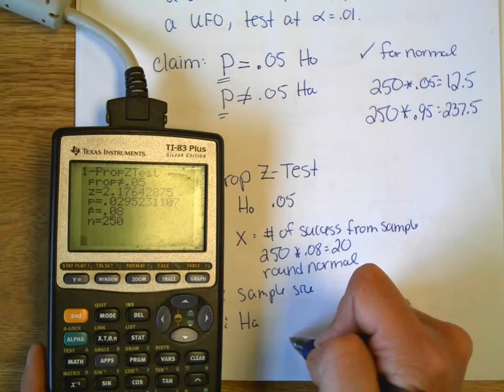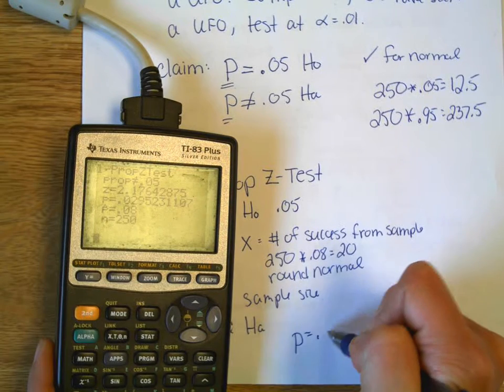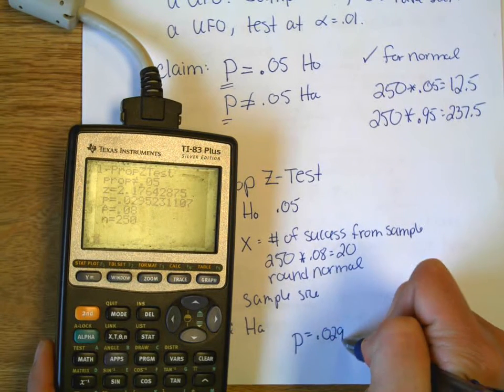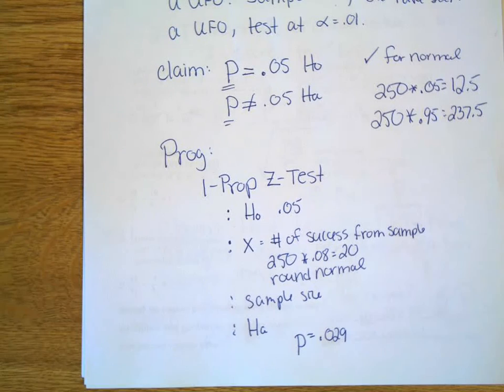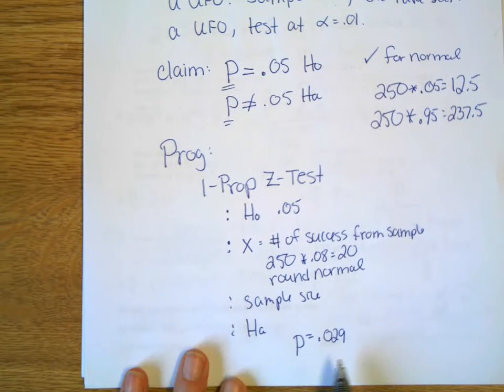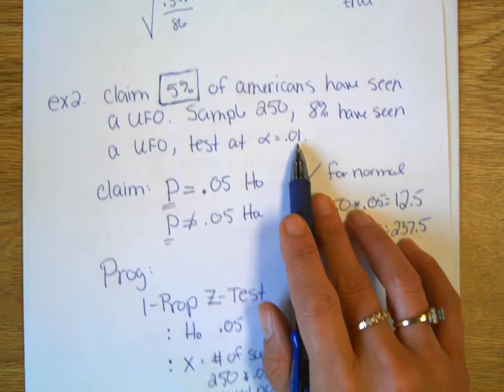So p equals 0.029, okay, 0.03. And what do we do with the p value to make our decision? Compare it back to alpha. How does 0.03 compare to my alpha of 0.01? It's bigger.